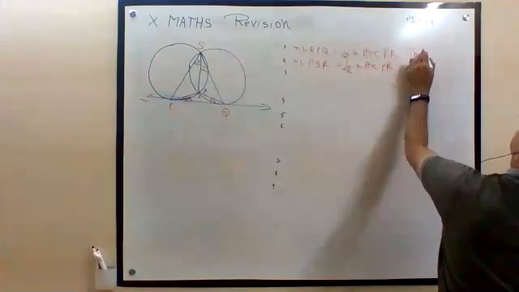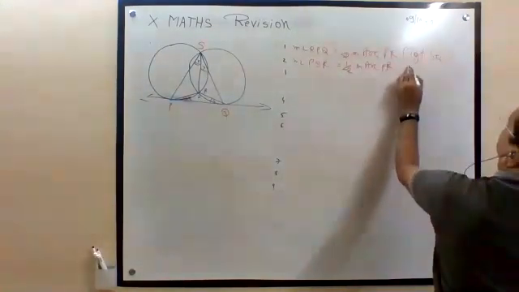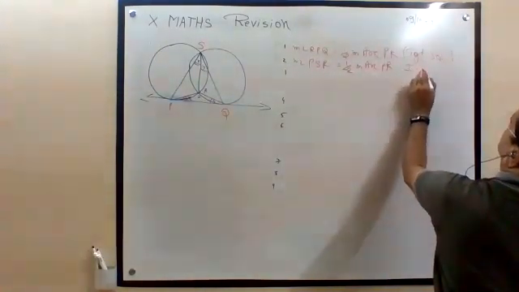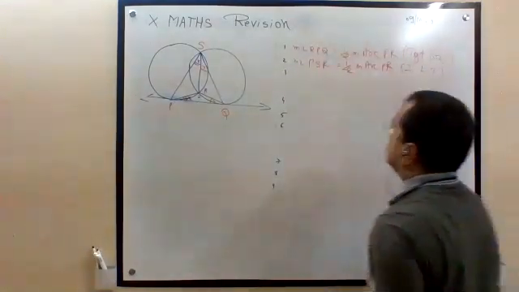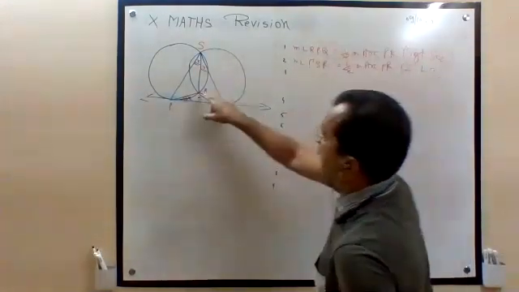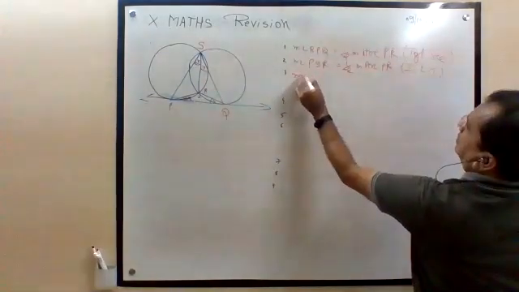This is tangent secant, this is the inscribed angle theorem. Both are half of the same arc, so both are equal.